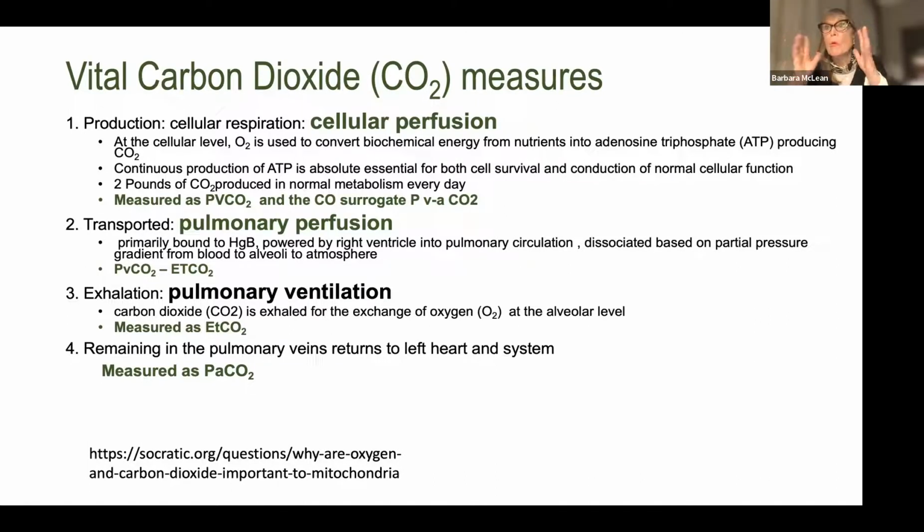And most importantly for us as bedside providers, those have to be drawn at the same time. So you're drawing an arterial gas and a central venous gas at the same time. And what you're going to get back is a normal arterial gas, a normal central venous gas, and you're going to take the venous CO2 and subtract the arterial CO2 from it. That's a surrogate for cardiac output.